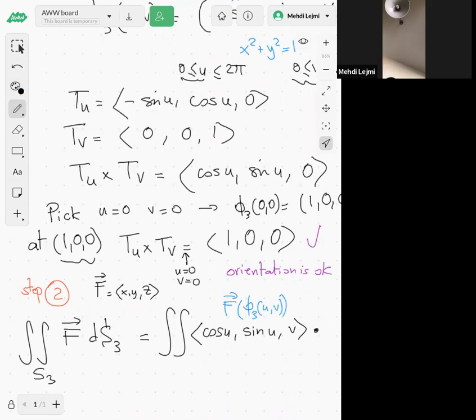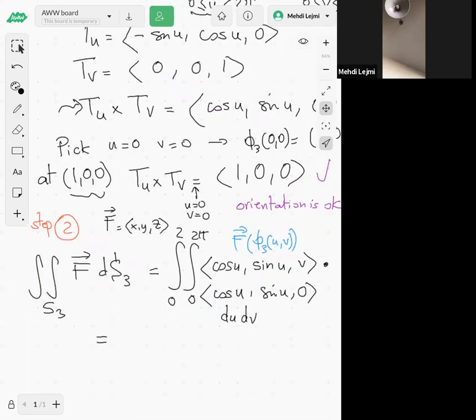T_U cross T_V is just, we said, cosine of U, sine of U, and 0, du dv, U between 0 and 2 pi, and V between 0 and 2. So this is equal to cosine squared plus sine squared of U, so that will be equal to 1.